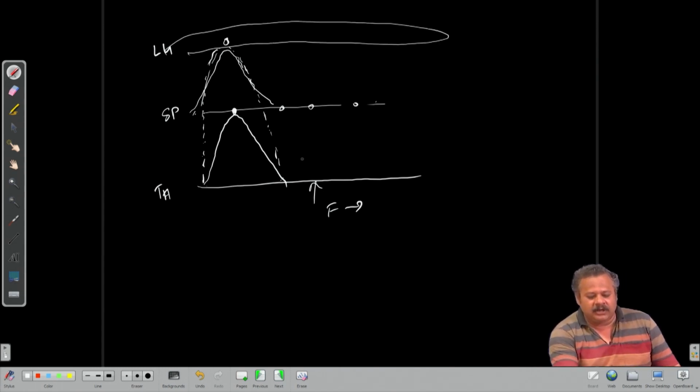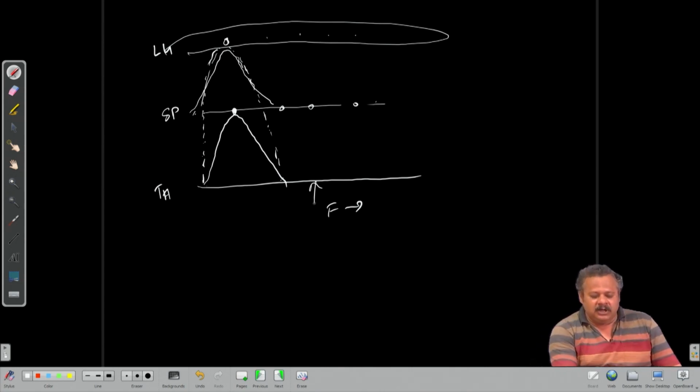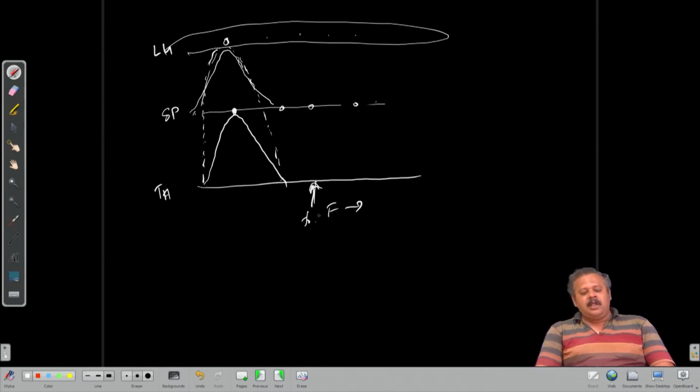So, if you have one particular frequency, you will find that a wider range of neurons in layer 4 become more selective to the exposed frequency, which is this f naught.